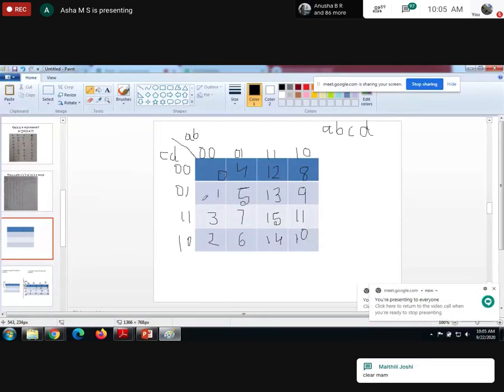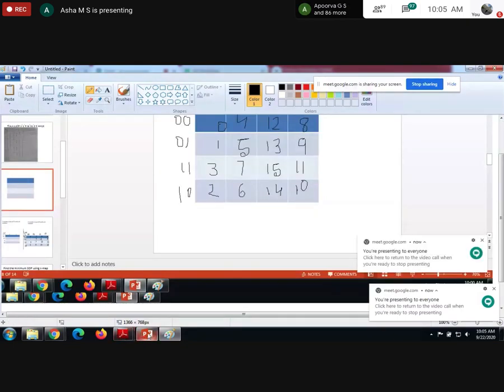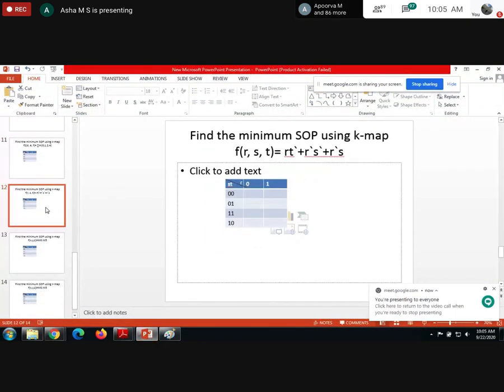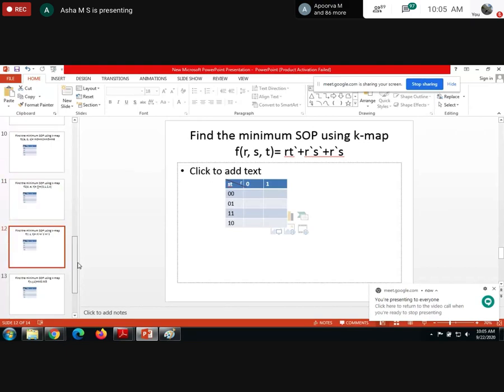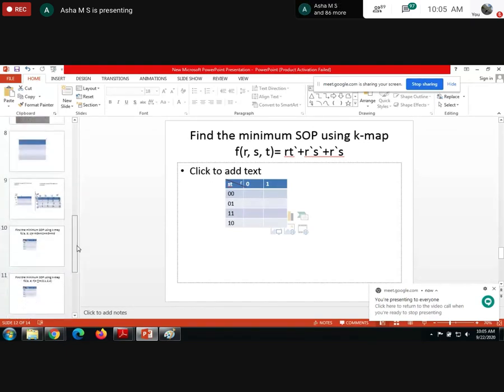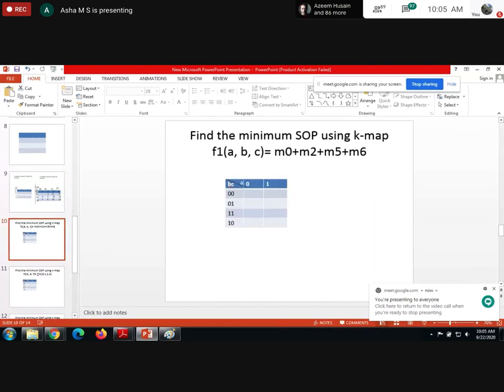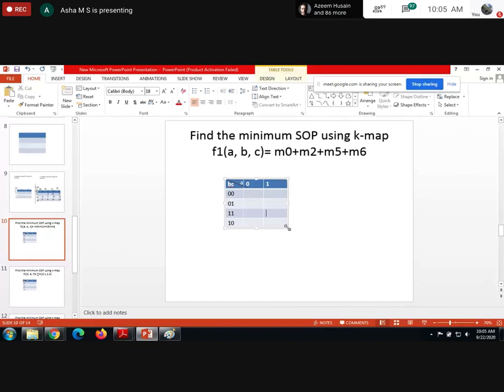Don't write in the middle, just in the corner of the cell. If you're perfectly fine with this, you can write the function directly. Otherwise, better you write it separately, in the corner of the cell.